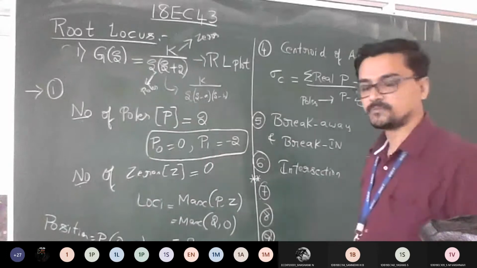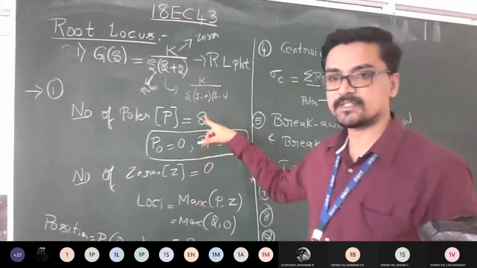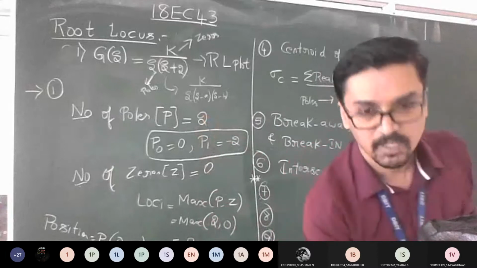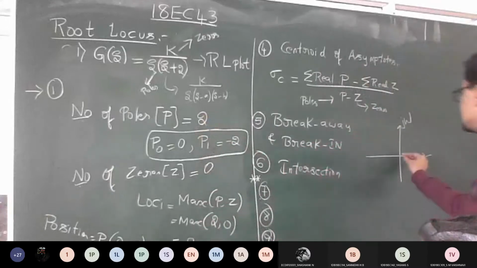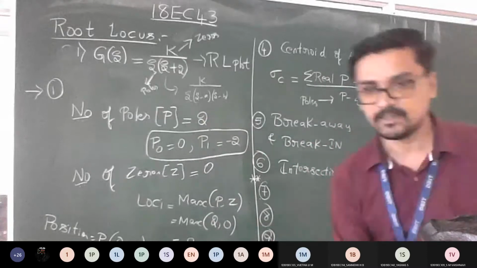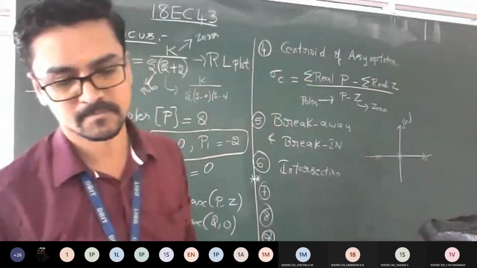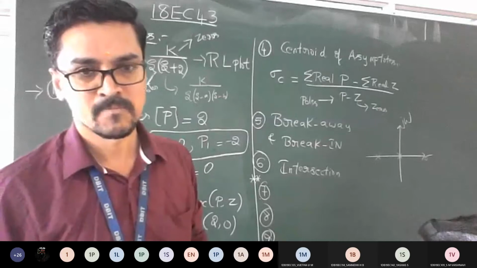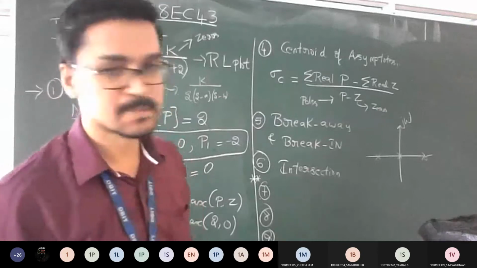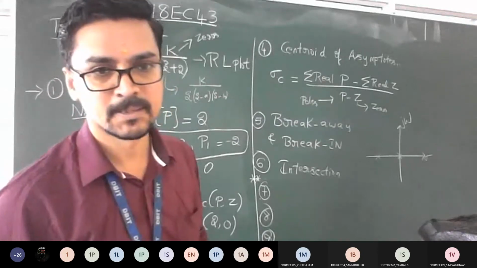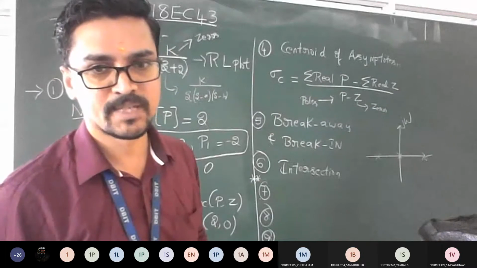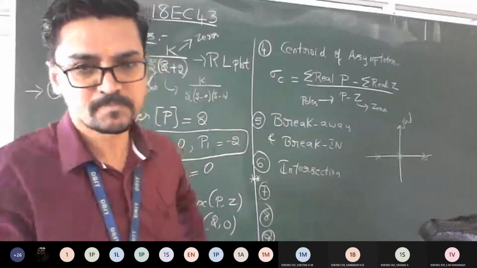How many poles do you have? One is at 0, one is at minus 2. This is the meaning of the position of poles. Is it okay, guys? So step number 1, any doubts, anyone?